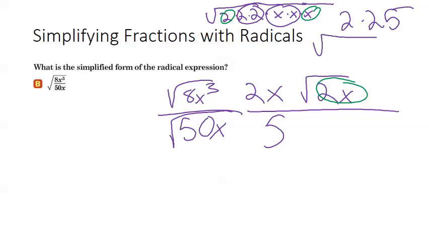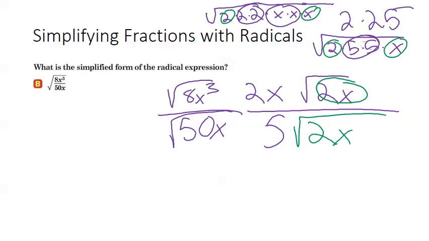Well, let's do the long way here. 2 times 25. Nope. I hate this thing. It does not have an eraser. 2 times 5 times 5 times x. So we have that pair of 5, so we're going to bring that out. What's left inside? Oh, that's okay. 5, the square root of 2x.